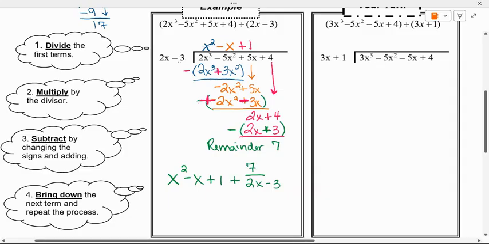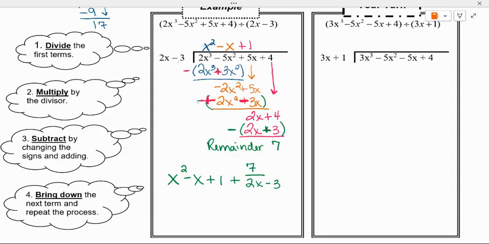Because that's what our divisor is. Our divisor is 2x minus 3. So you have to write your remainder, if you have it, as a fraction. Numerator is the remainder, the denominator is the divisor. Okay?